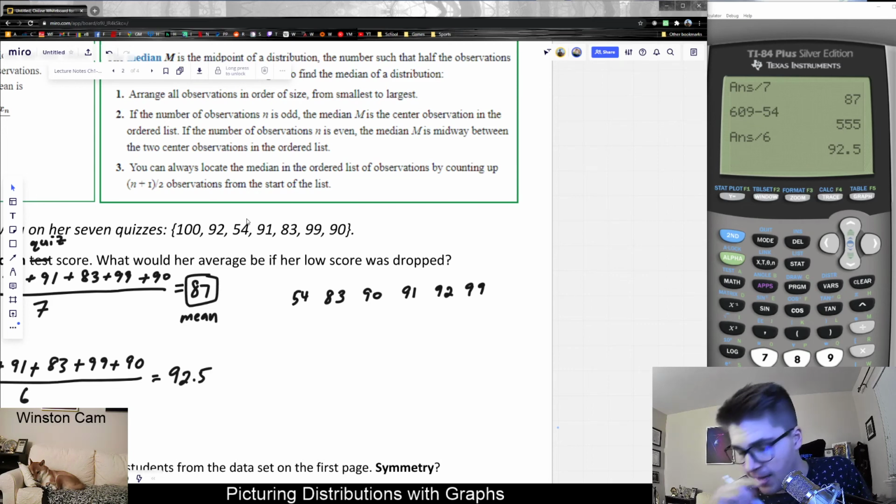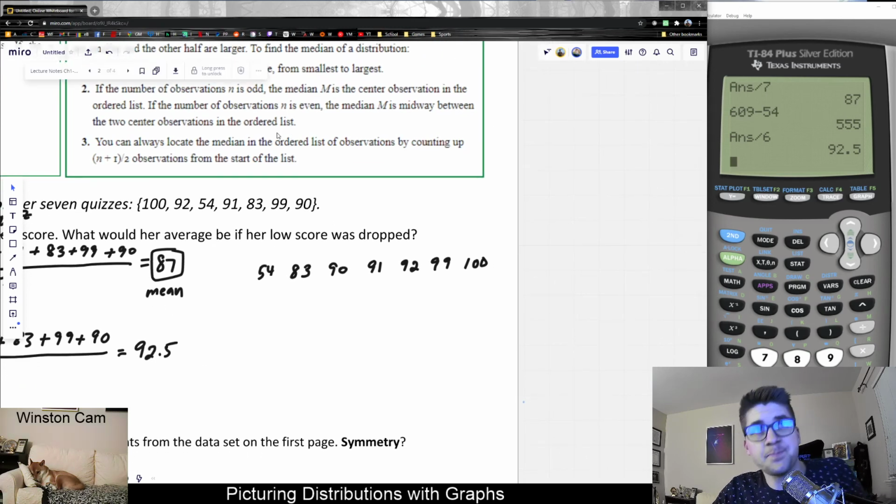Or also, if you have a box plot made already, you can actually find the median using that. And actually, we'll do that for the next question on the lecture notes. But basically, here we go. And then the median is always the number in the very middle. So whenever you have an odd number of data points, and that's what the snippet from the book says as well, the median is just going to be the number in the direct middle.